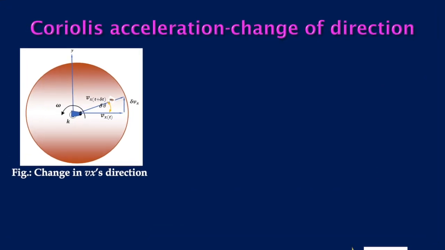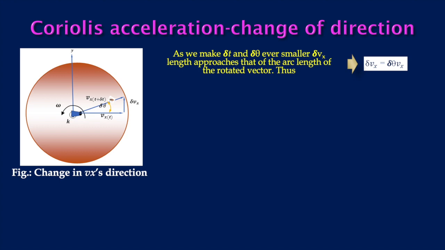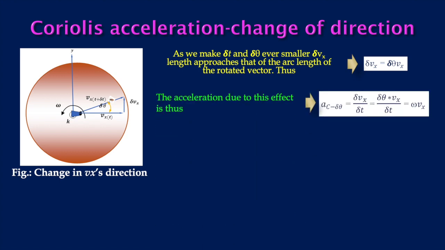Now the cockroach not necessarily moves only in x, but can also move in y direction. I will come to that point later. So initially we considered there is a change of magnitude of the velocity. Now you notice there is also a change of direction of this velocity. Initially it is Vx at t and finally it is Vx at t plus del t.